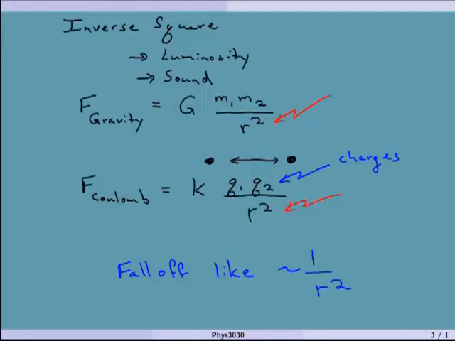Okay, so let's clear the board. And the idea, the trick that I want to talk about in using these things is that we can measure the relative luminosity of a star really easily.